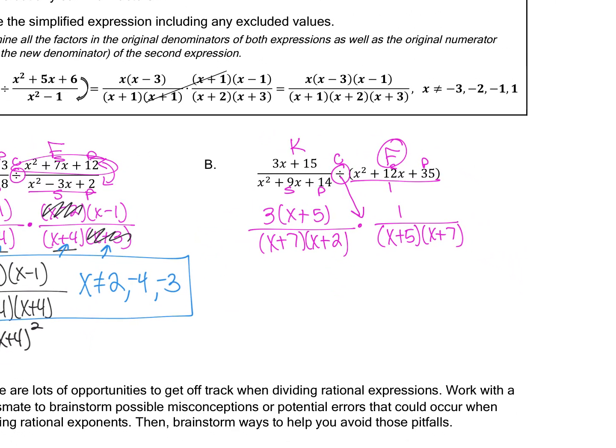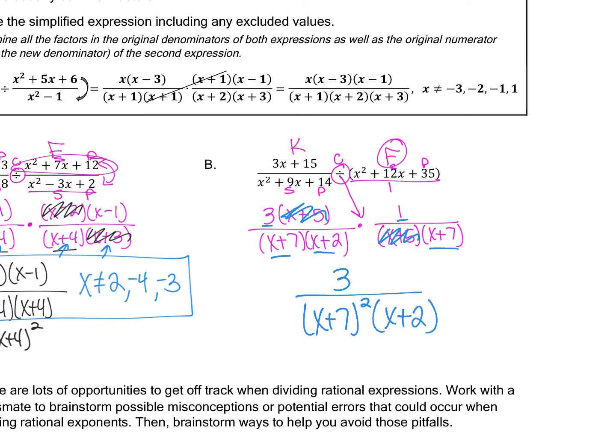Okay, so we simplify if possible. Notice there's an x plus 5, x plus 5. And that's it. So notice multiplying the tops, I have a 3 and a 1, so that gives me a 3. And then I have notice there's 2 x plus 7's, so I can write it twice, or I can put squared and then x plus 2.